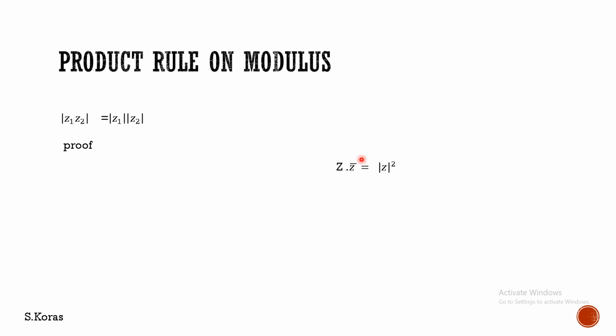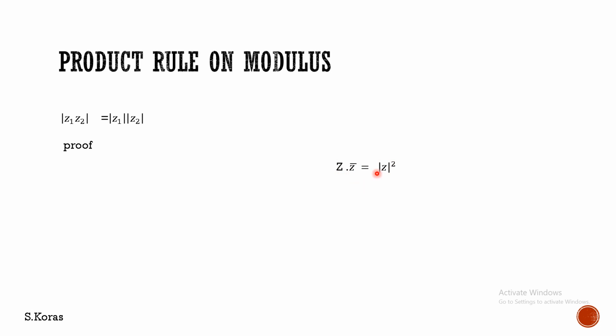Right, if you use this property, what is the use? Because modulus of z is simply a number, there is no i. But we are going to do something with complex numbers. If you use this property, here there is no i, but if it is squared, it gives you two complex numbers, both having i.